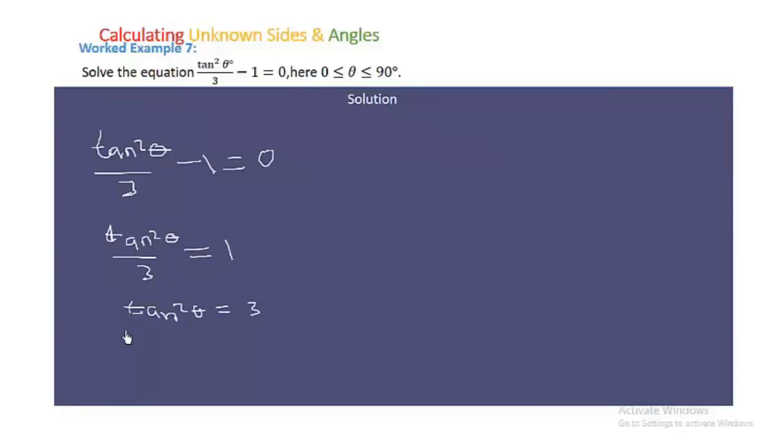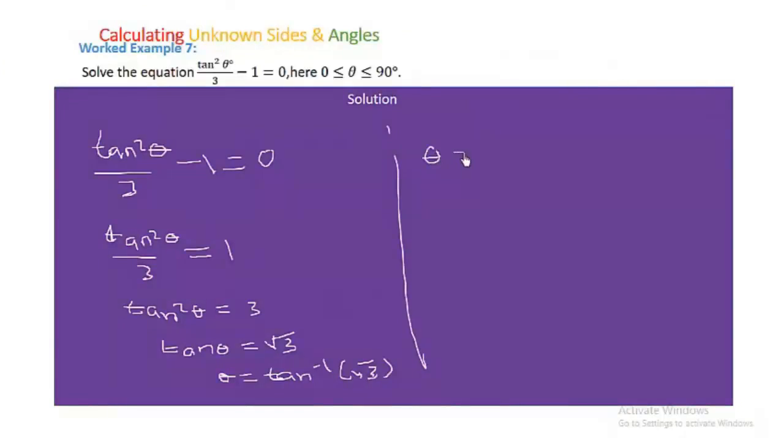Now theta is an acute angle, so we take the positive square root to obtain tan theta is equal to the positive square root of 3. So theta will be equal to the tan inverse of root 3. And this will give us theta to be equal to 60 degrees.